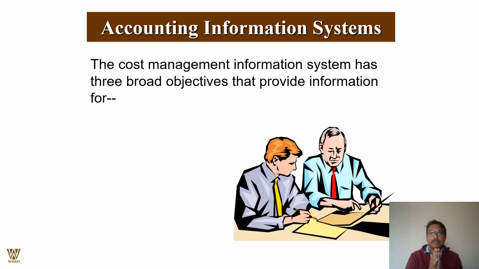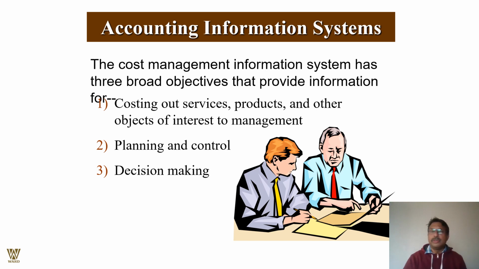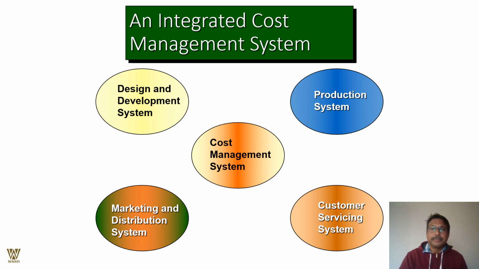The cost management information system has three broad objectives that provide information for costing out the services, costing out the product, and costing other items of interest to management. It can be just protection, security to the inventory. Everything involves cost, planning and controlling, and decision making.